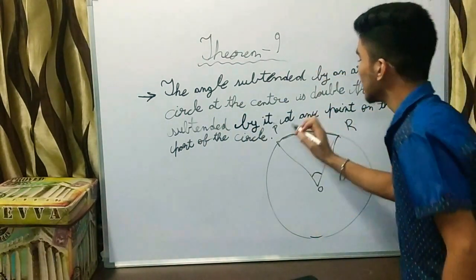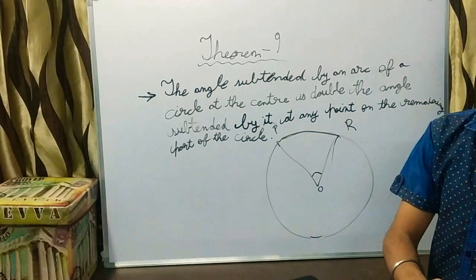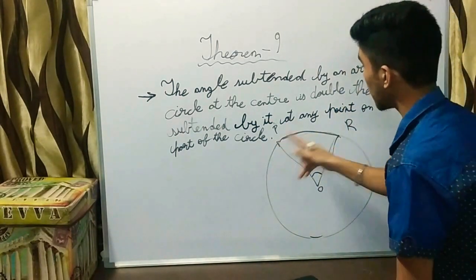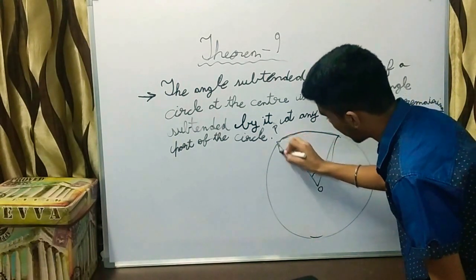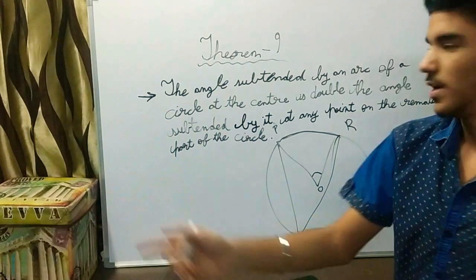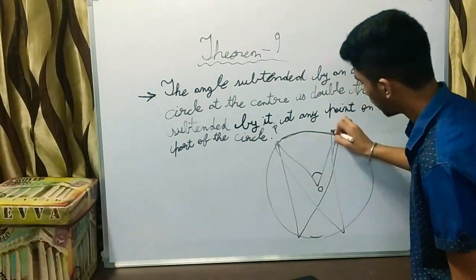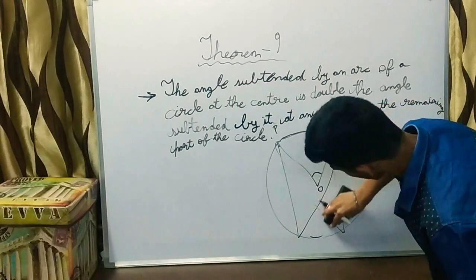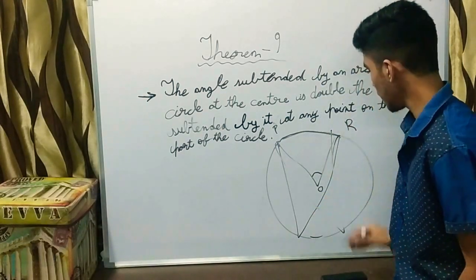It says that this arc PR is subtending an angle at the center and the same arc subtends another angle on any part of the circle. It can be this also, so any part of the circle.